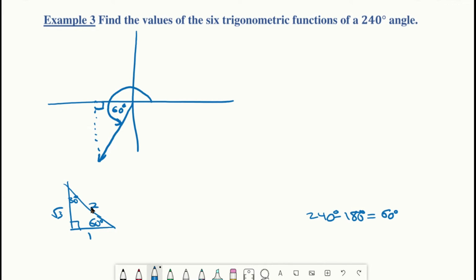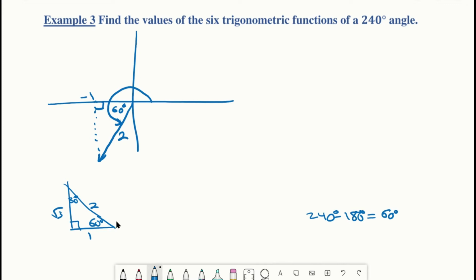So I know 2 is the hypotenuse, that's the easiest one. I can just put that there. The side adjacent to 60, I know is going to be 1, but since the location is to the left of the origin, I'm going to put -1 right there.